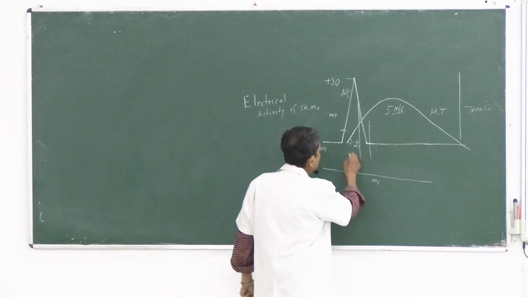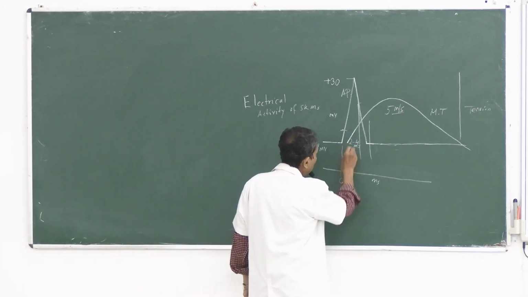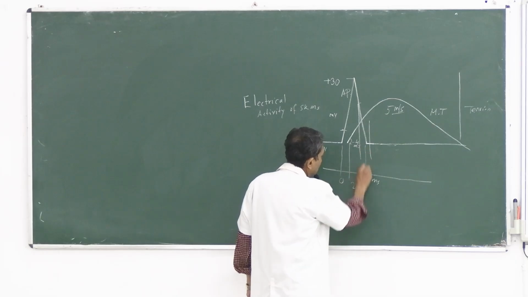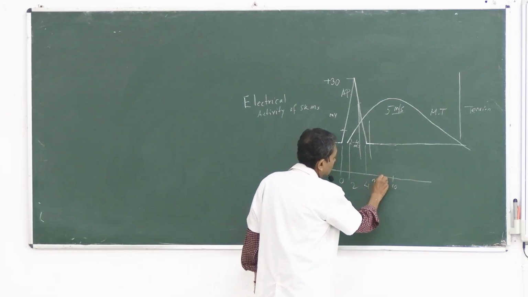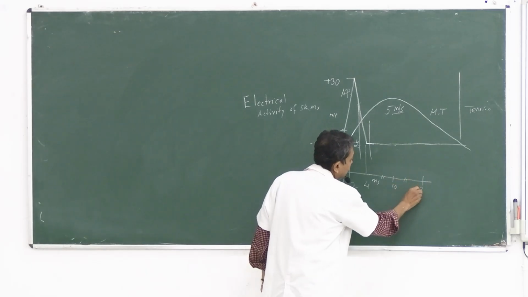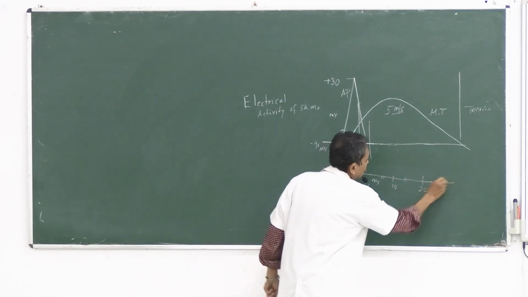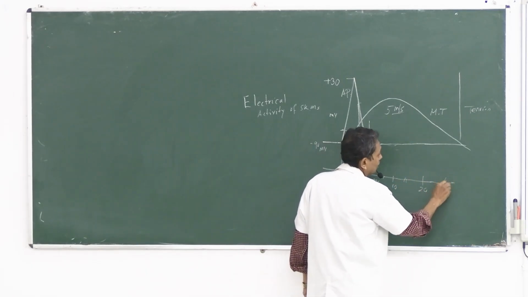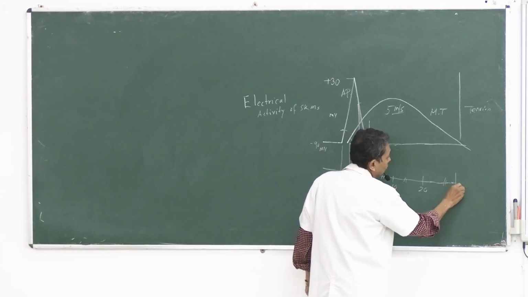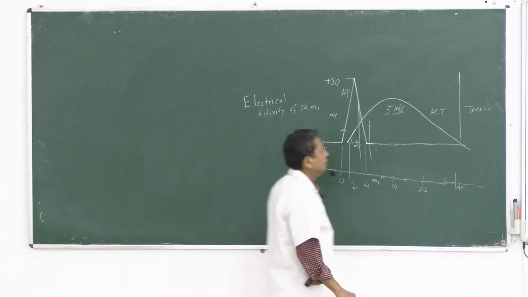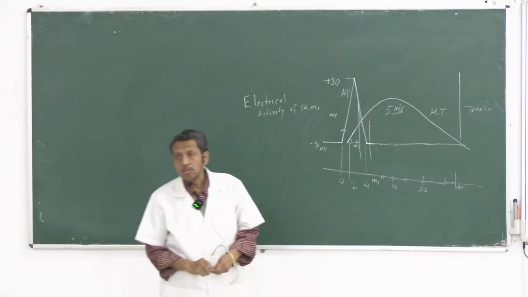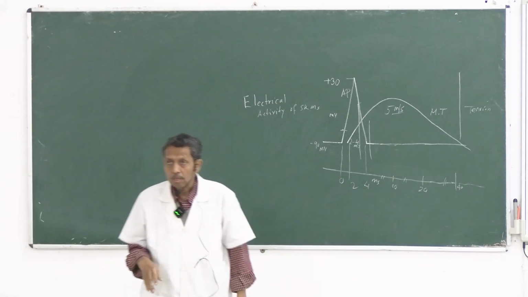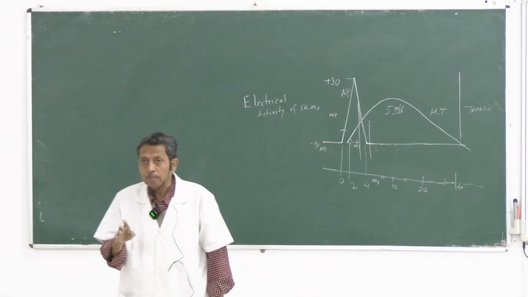Suppose this value is 0, then 2, 4, suppose 10, 20, in this way, suppose 40 or so. It is the twitch duration, muscle twitch, a quick contraction followed by relaxation, and here it is an isometric preparation.